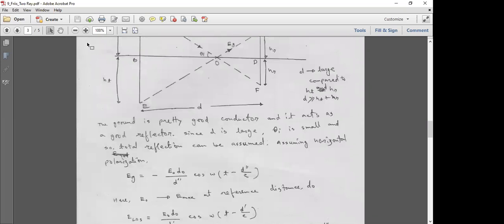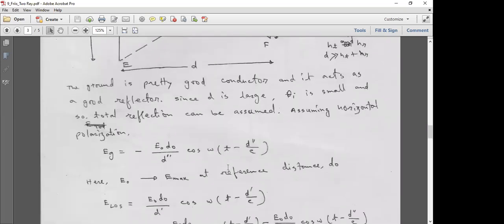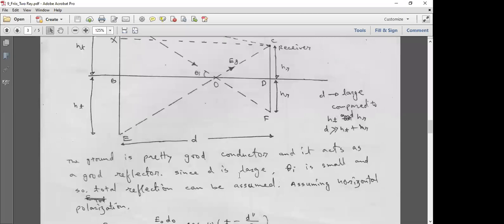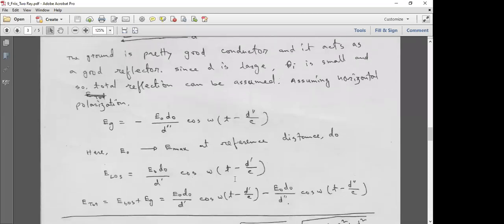Now for the LOS component, for this direct component, if we write down an expression for the wave, then we showed this expression before, that there's a function of wave we consider for the electromagnetic wave.